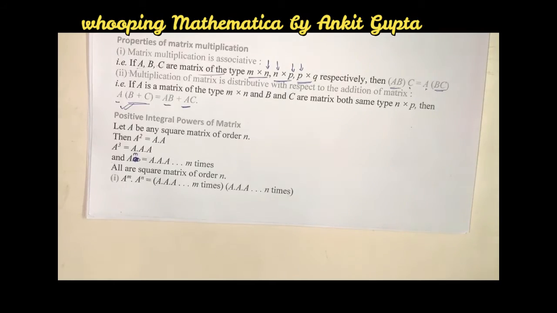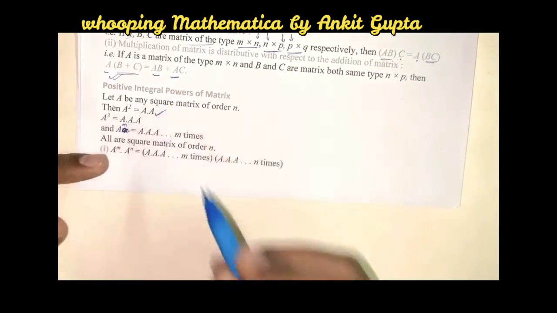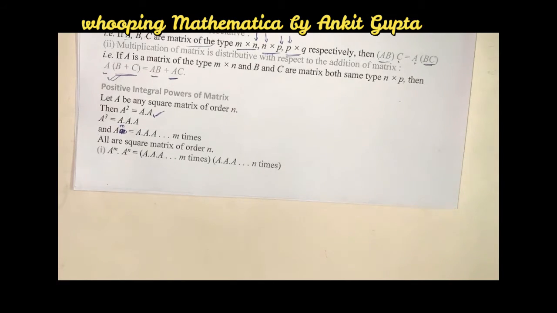Now we are moving on to positive integral power of a matrix, which means that we raise the given matrix to a natural number power. Say if A square is given, then we can find it as A multiplied by A. It is not literally the square of the elements present in the given matrix.